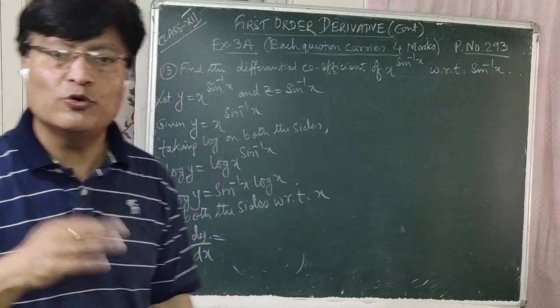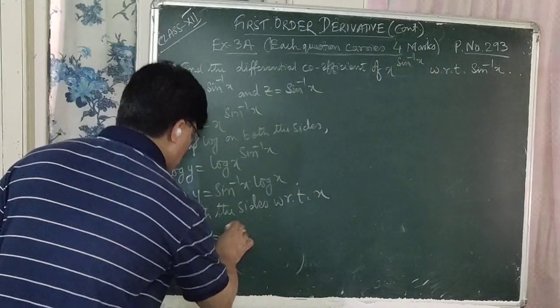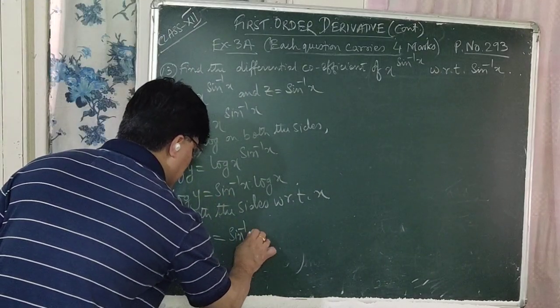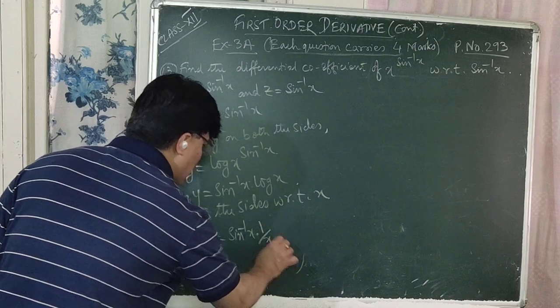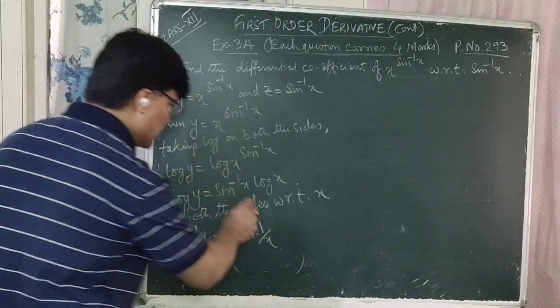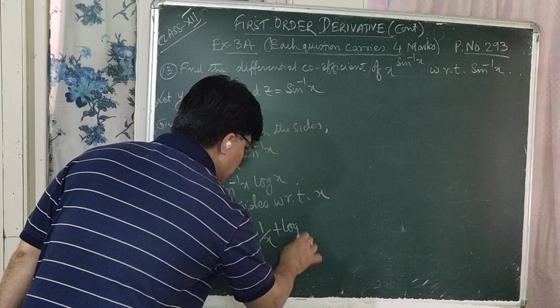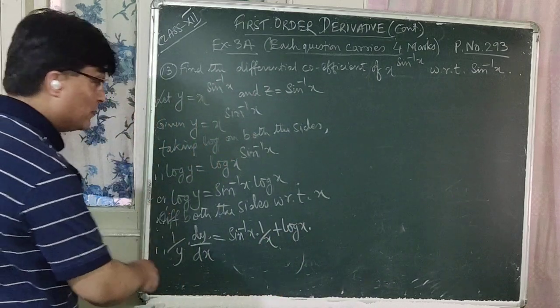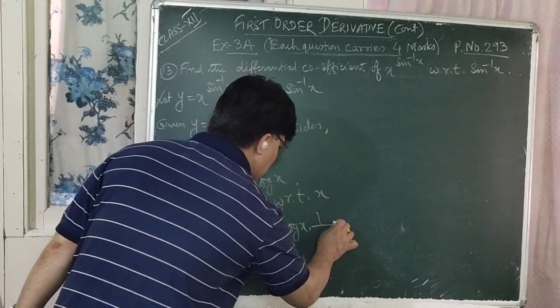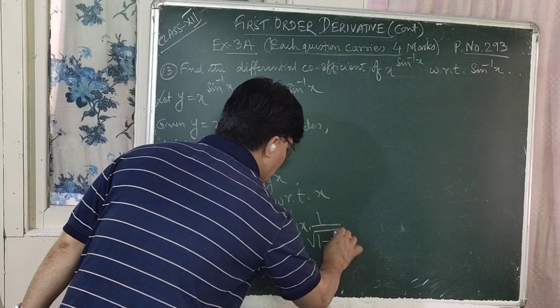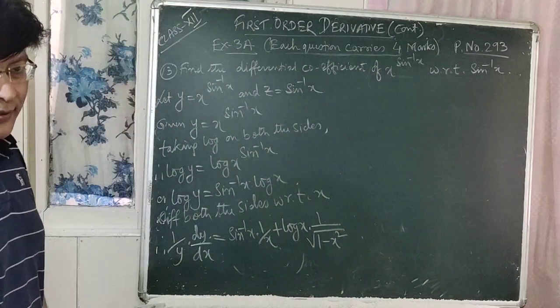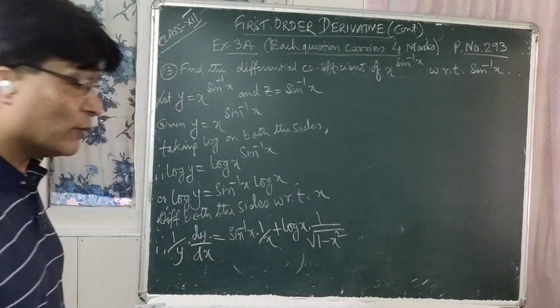You should use UV rule, right? So sine inverse x is kept as it is into, what is the differentiation of log x? 1 upon x. Now log x is kept same into, now differentiate sine inverse x with respect to x, it is 1 upon root over 1 minus x square, right? So we have got dy by dx.